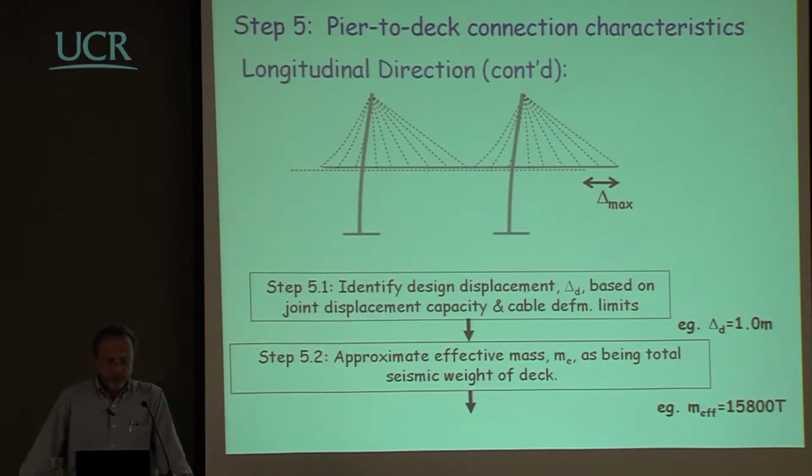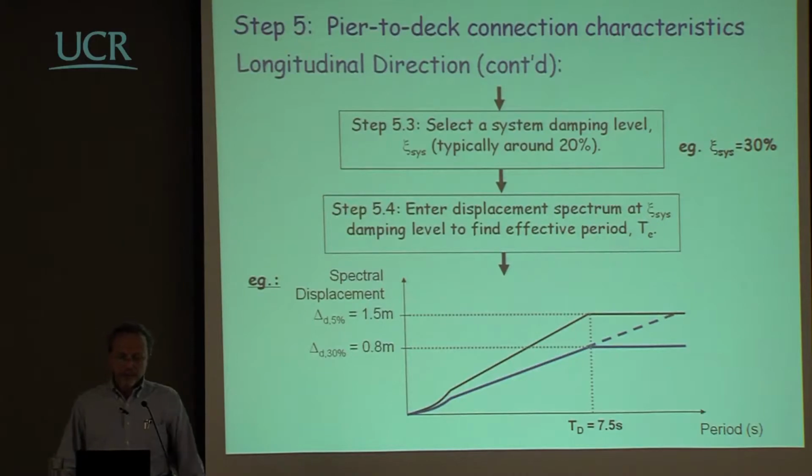If you do that, then of course it's easy to have an approximation of the total mass. And at this point, since you are assuming that at the end you are going to have some sort of connection between the deck and the piers or maybe the abutments, you should also assume some level of equivalent damping, because these connectors that we will see at a later stage will be dissipating energy.